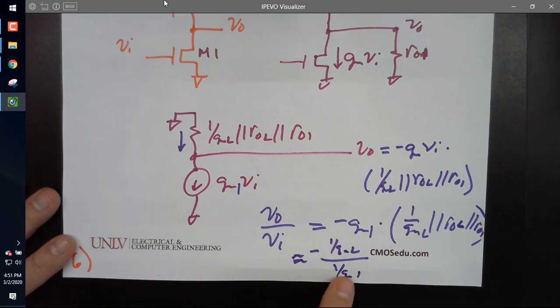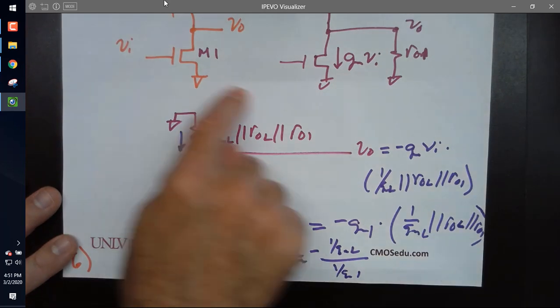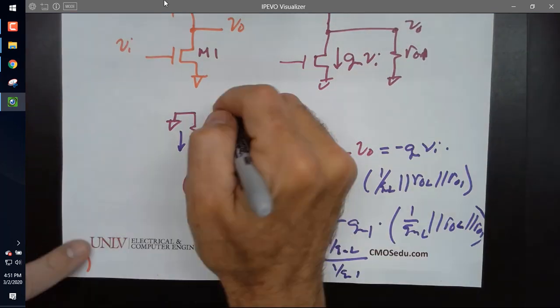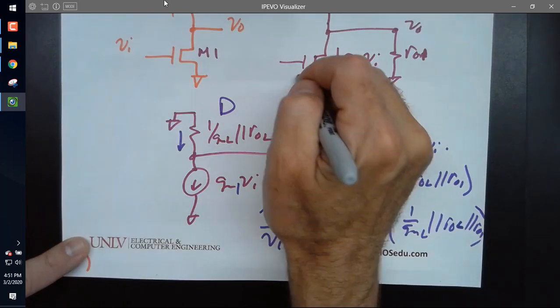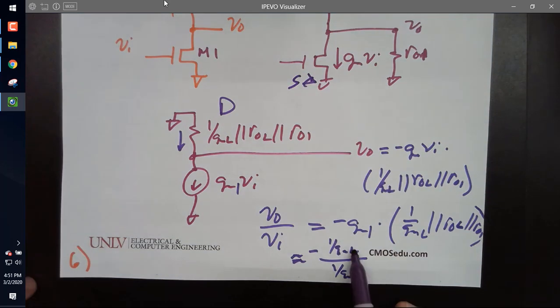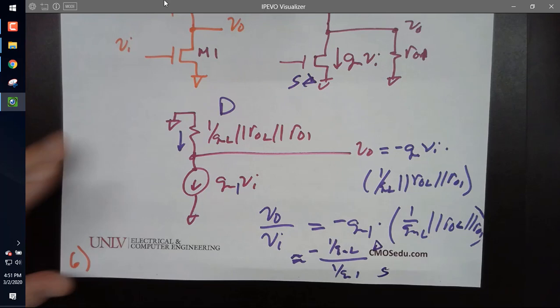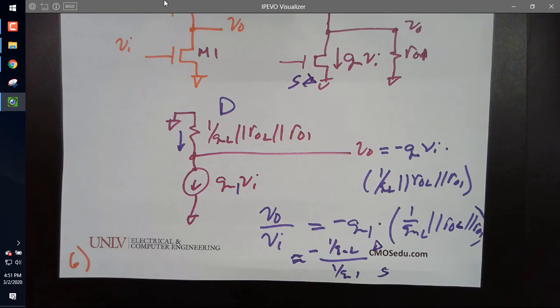And this is the resistance in the drain part of the circuit, and this is the resistance in the source, or looking into the source, and I'm going to prove that to you. It's the resistance in the drain over the resistance in the source. That's the gain. And so if I make these similar sizes, what's the gain going to be approximately? 1, or -1 to be precise.